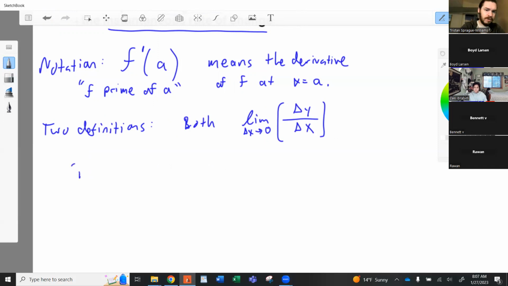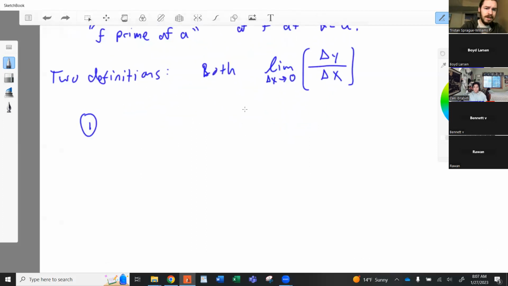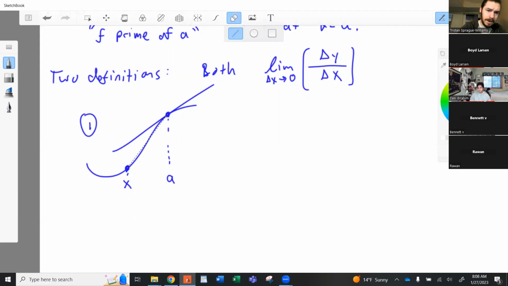Okay, so first, the first one is based on the idea that you've got your tangent line at some specific point. Right, that's like A. And then you also have another point on the line somewhere at a value, which we'll just call X. And remember, the way we do this is to imagine making a secant line.